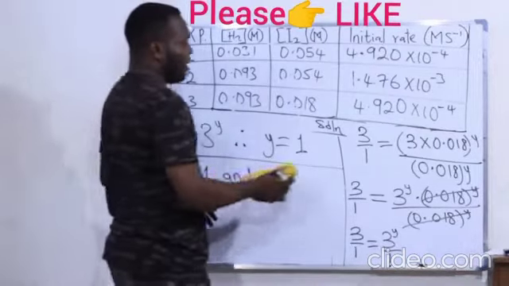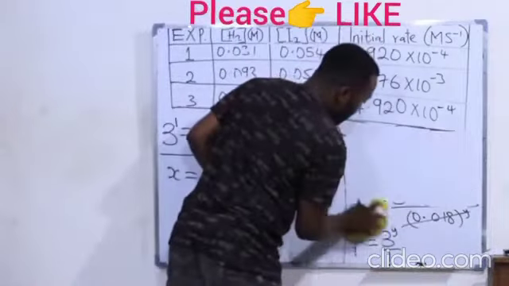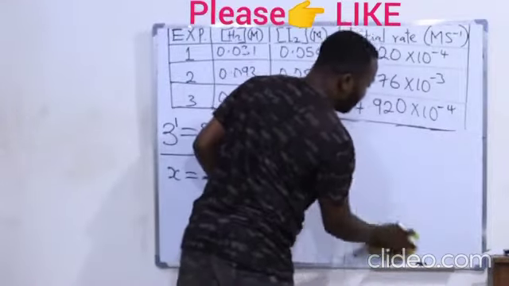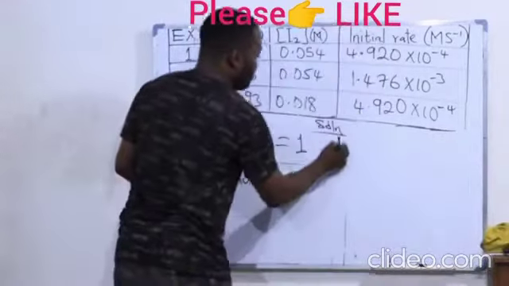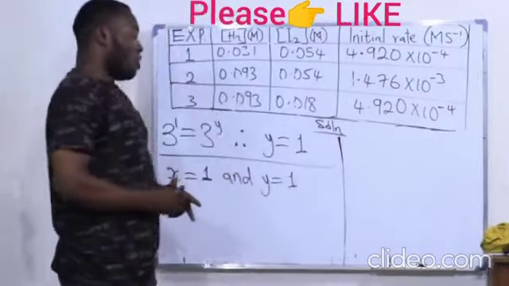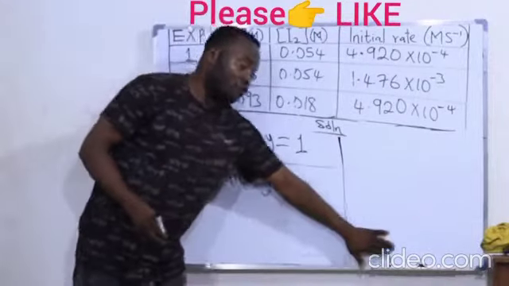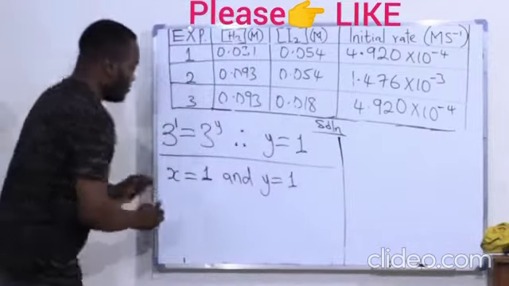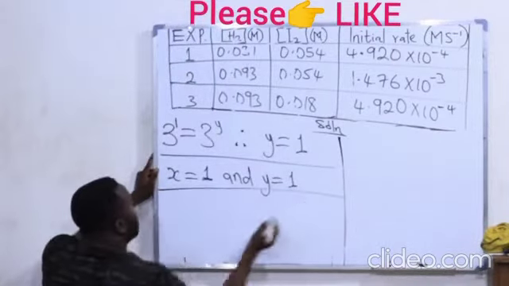I can now answer the questions. Question number 1 says, find the order of the reaction with respect to hydrogen. I can find it. Now, let me rewrite the equation.